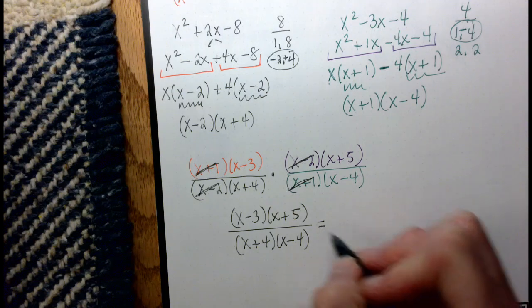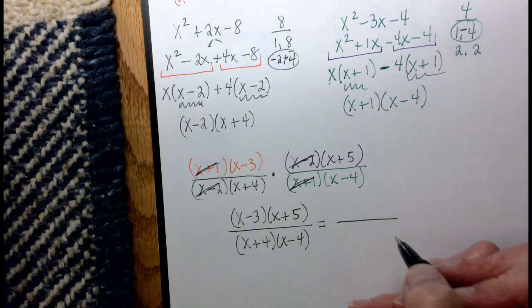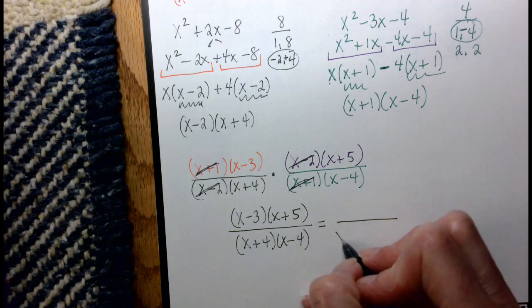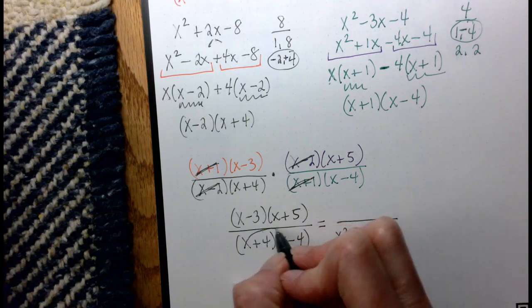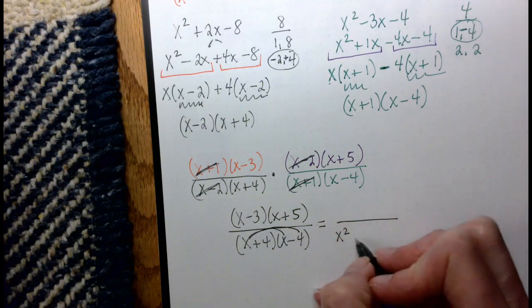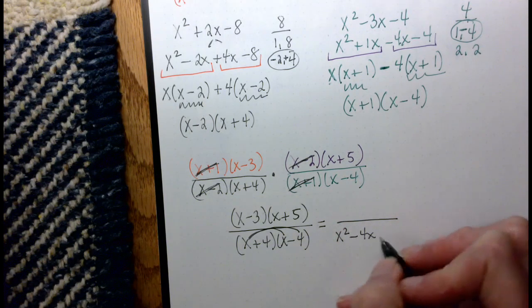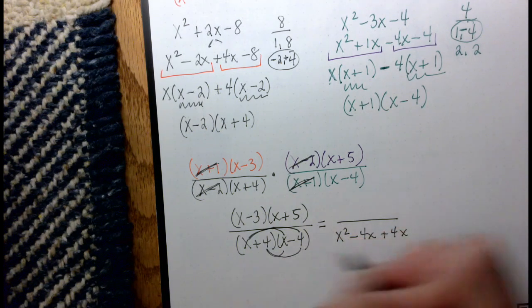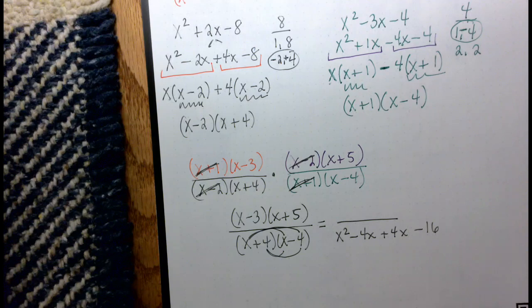If we multiply out the denominator, we end up with x squared, because it's double distributive property, minus 4x plus 4x minus 16.